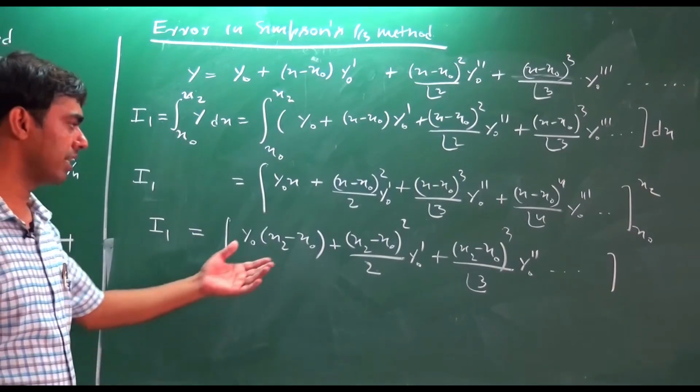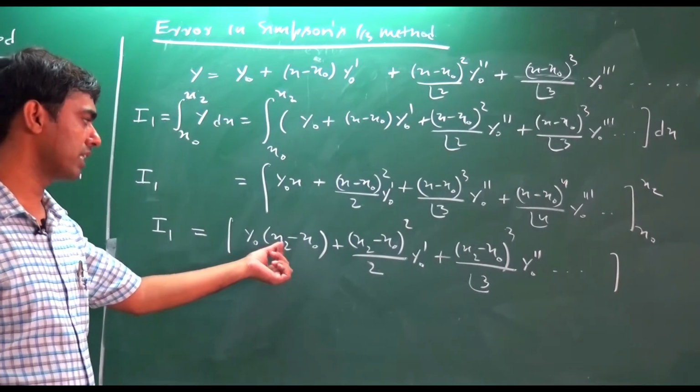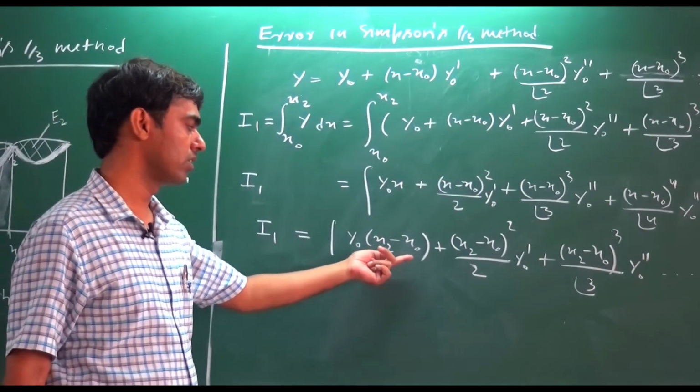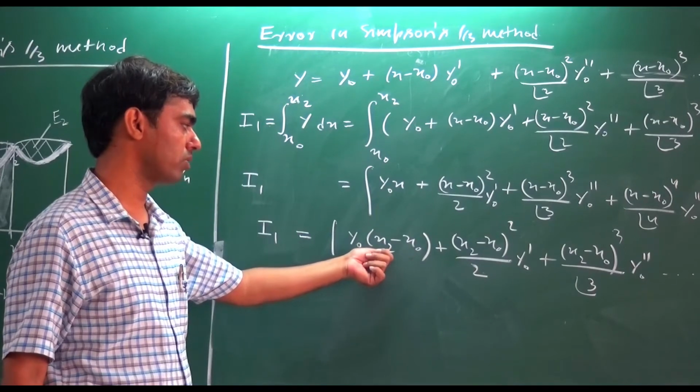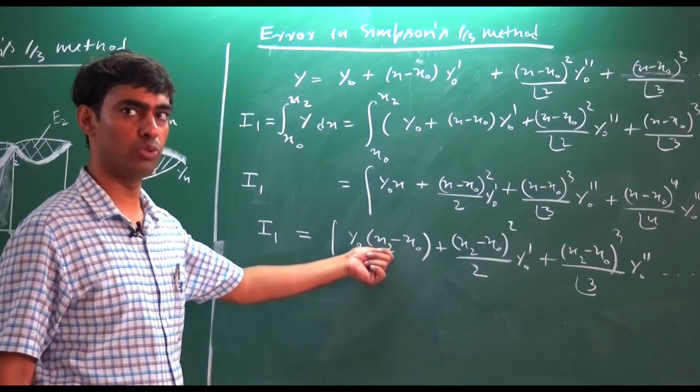Here you may also simplify more by putting x2 minus x0, because for equal class intervals x2 becomes x0 plus 2h.